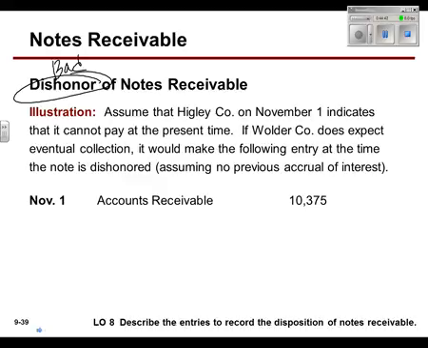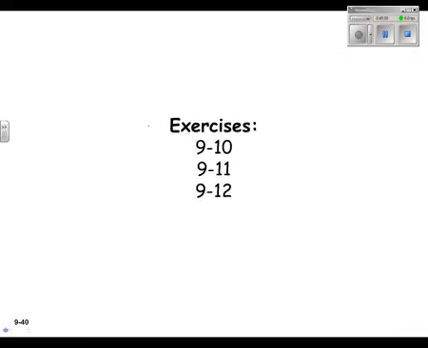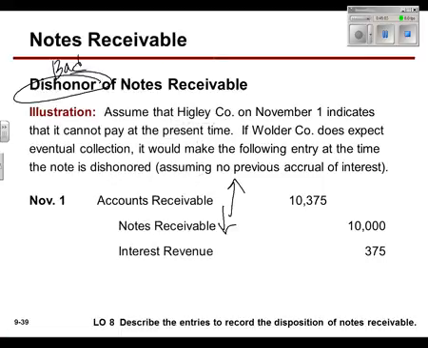AR is going to go up. NR is going to go down. So we're turning it back into a receivable. And the $375 of interest revenue is a credit.